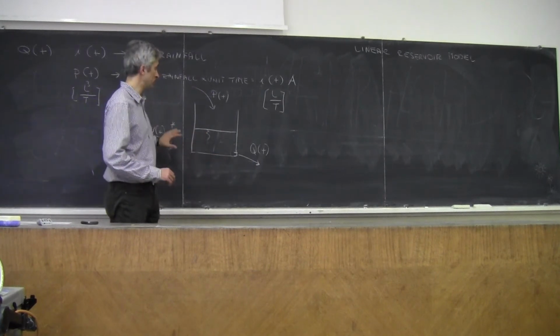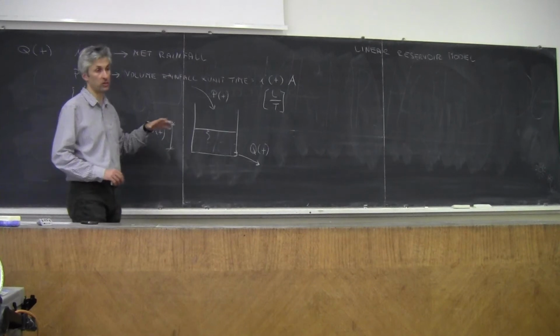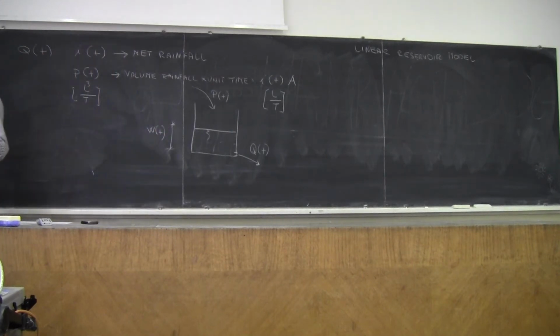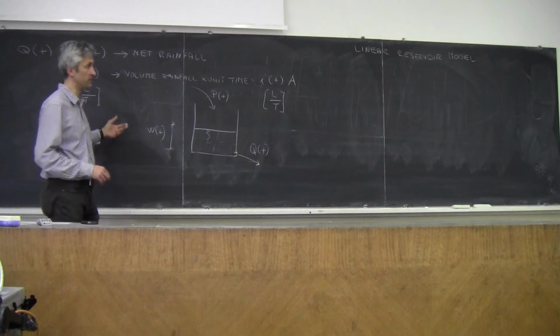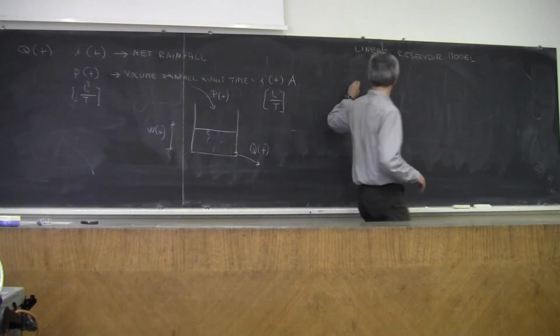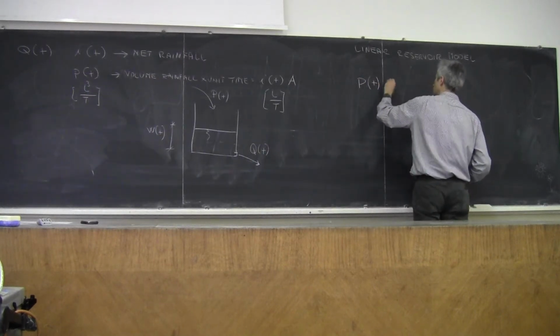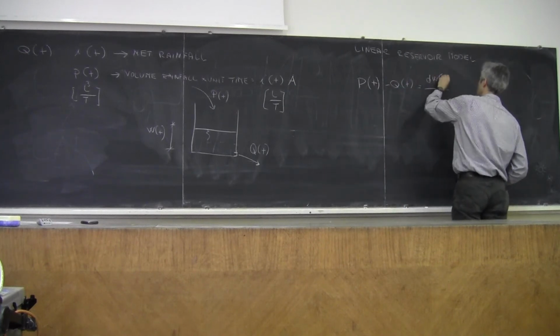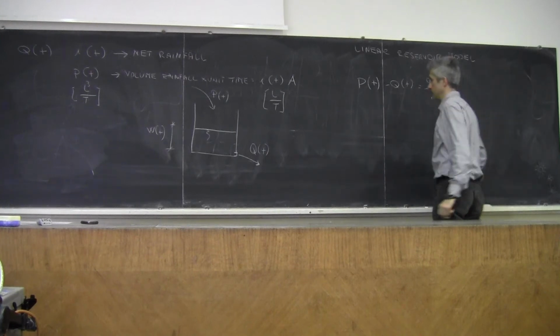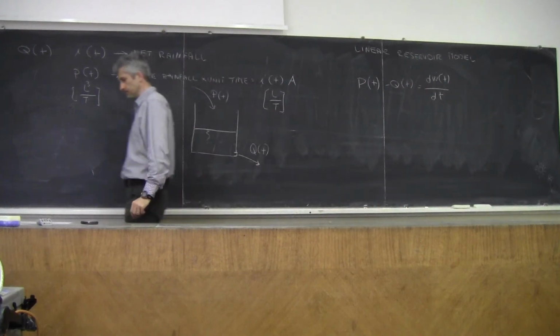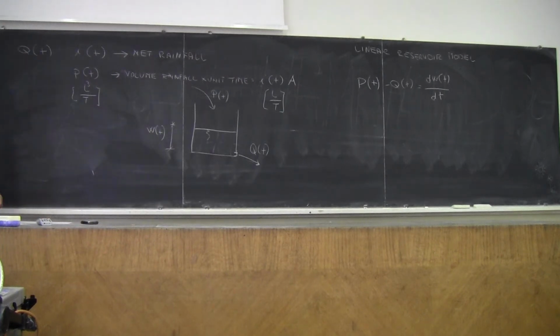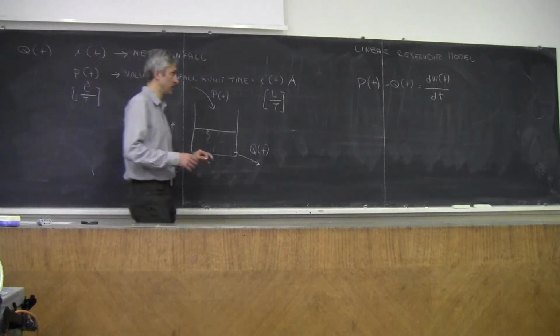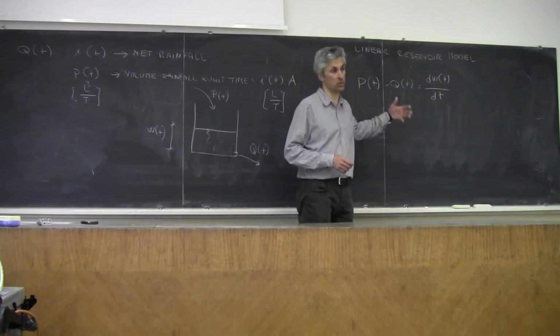And then, if I conceptualize the catchment as a tank, as a reservoir, I use tank and reservoir like synonyms, then I can write a mass balance equation very easily. I can write that P(t) minus Q(t) is equal to the infinitesimal change of W(t) over time. This is, of course, straightforward.